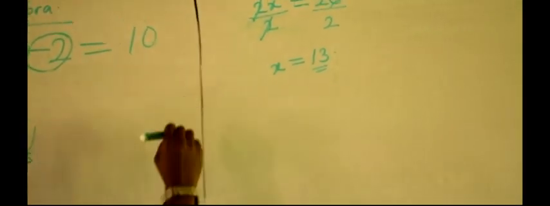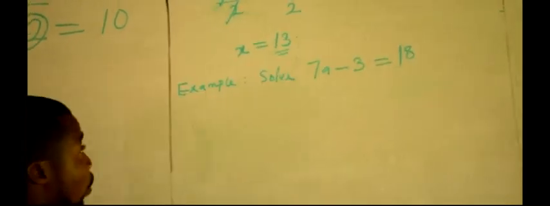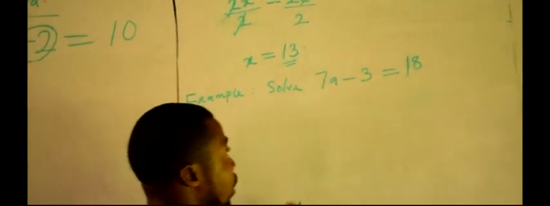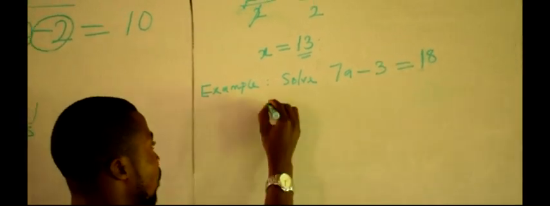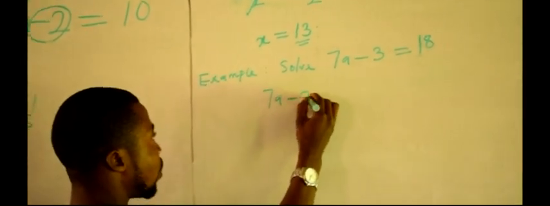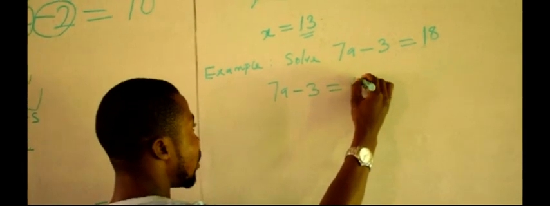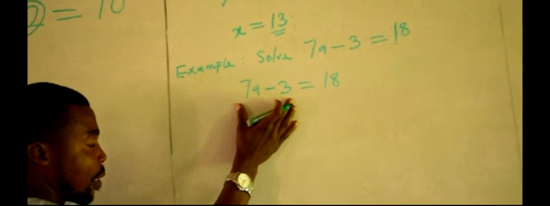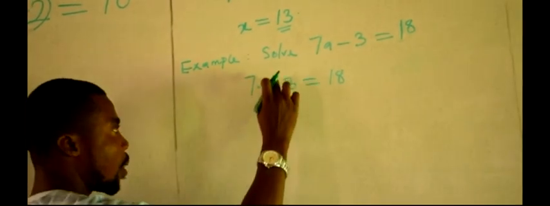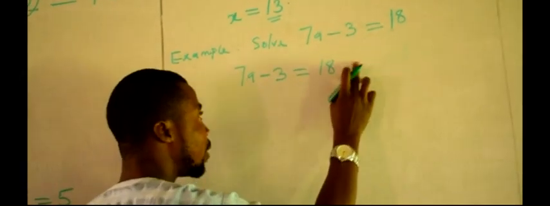Let's take a look at another example. Now, if you want to solve this, it is very simple: 7a minus 3 is equal to 18. This is our right hand side and this is our left hand side. The number moves to the right hand side.